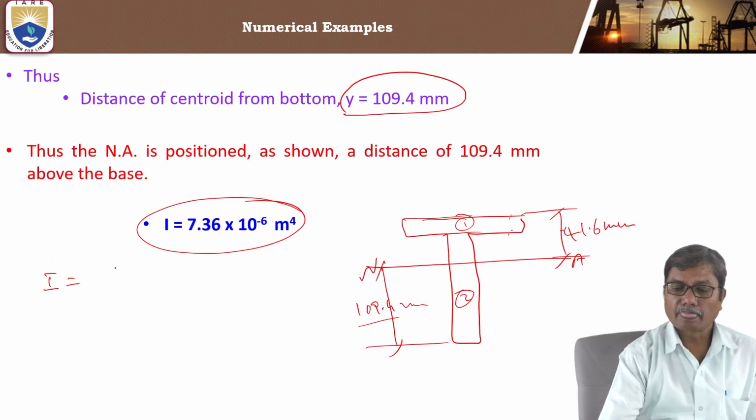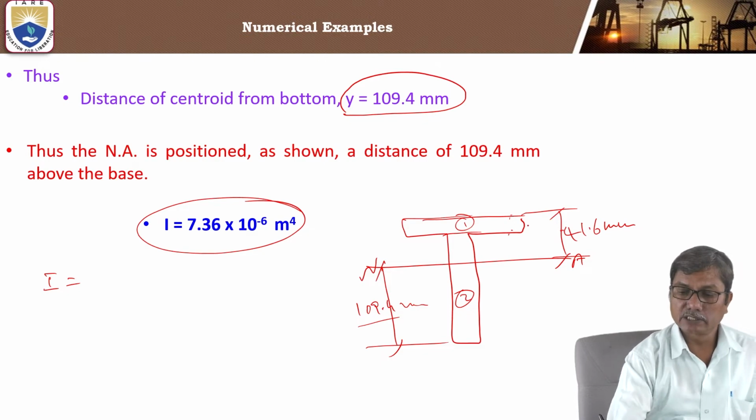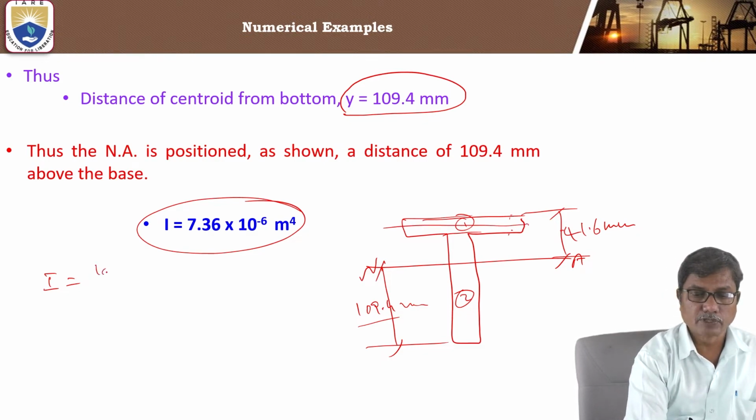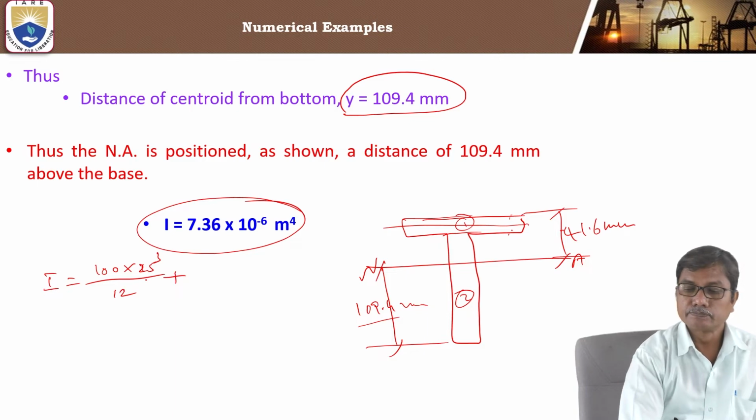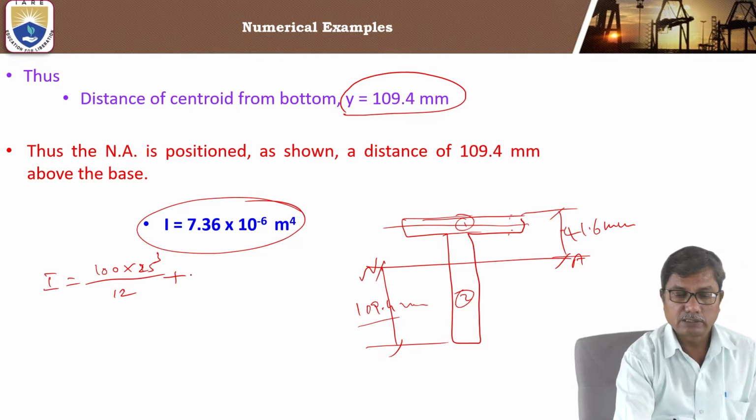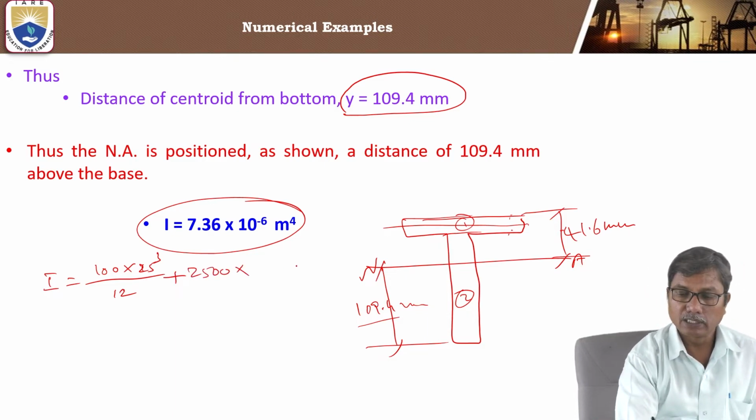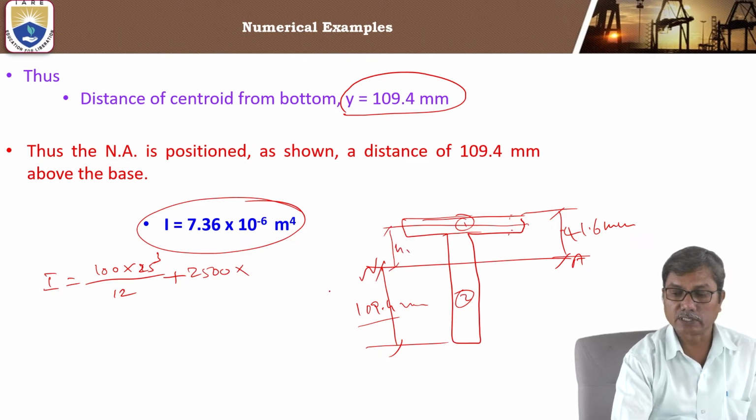So here the moment of inertia of the flange about its centroidal axis is BD cube by 12 plus area, 2500, into h1 square.